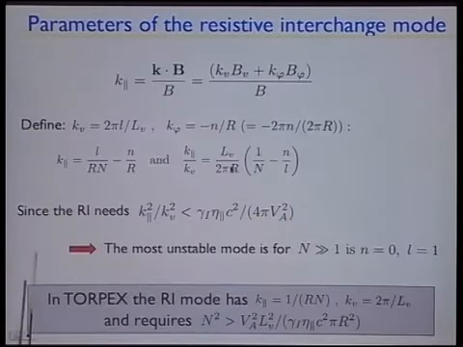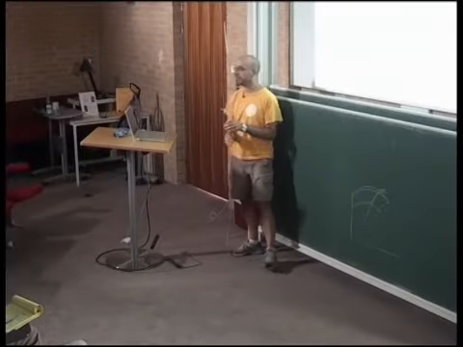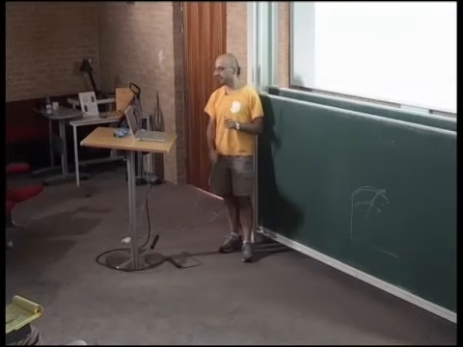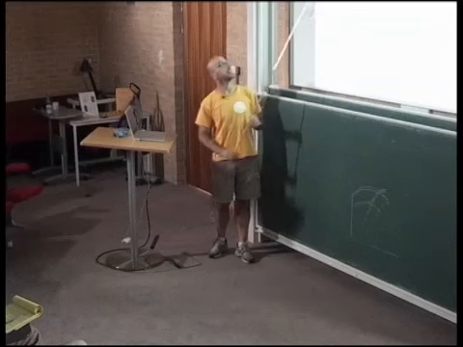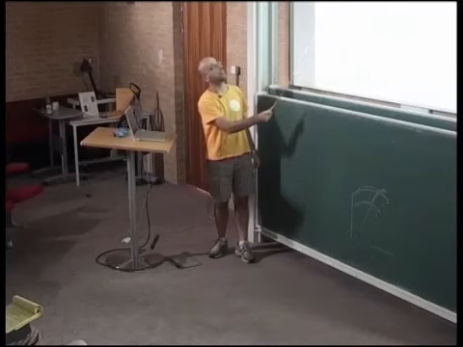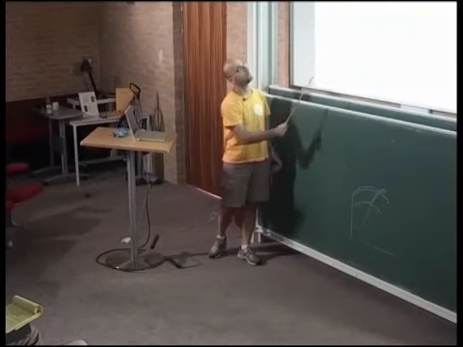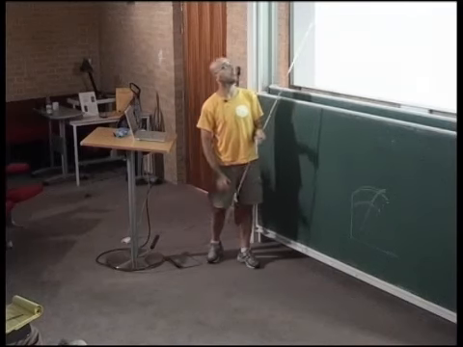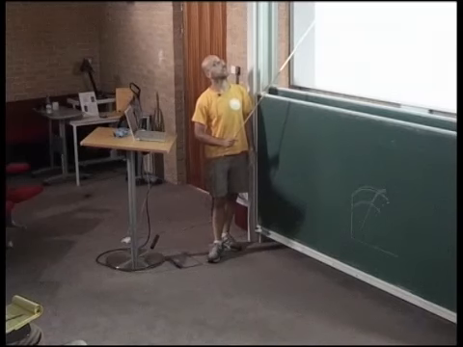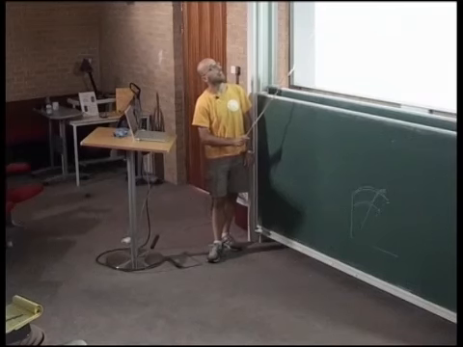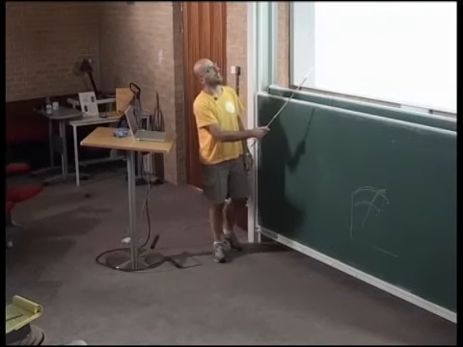So what are the parameters of this resistive interchange mode in a configuration like TORPEX? Well, let me express k parallel as a function of the vertical wave number k vertical and the toroidal wave number k toroidal, and let me also introduce the vertical mode number L and the toroidal mode number N.